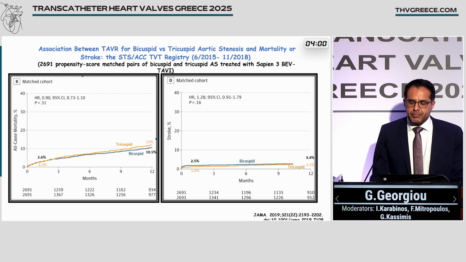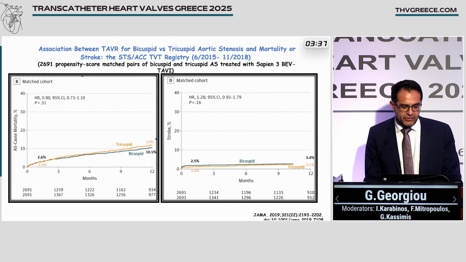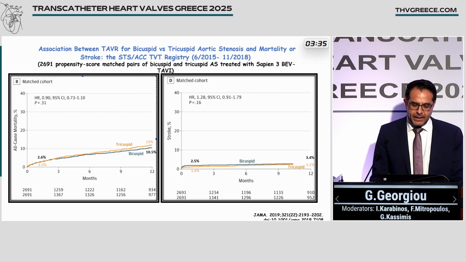The largest available registry, which includes, of course, bicuspid aortic valve patients too, is the STS-ACC-TVT registry. This is an analysis of 2,691 propensity score matched pairs of bicuspid and tricuspid aortic stenosis treated with a balloon expandable Sapien 3 valve, showing no difference in all-cause mortality at 12 months.